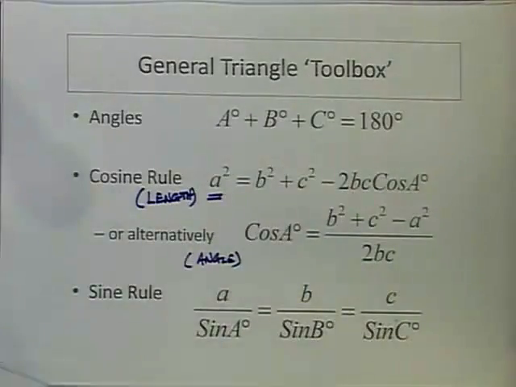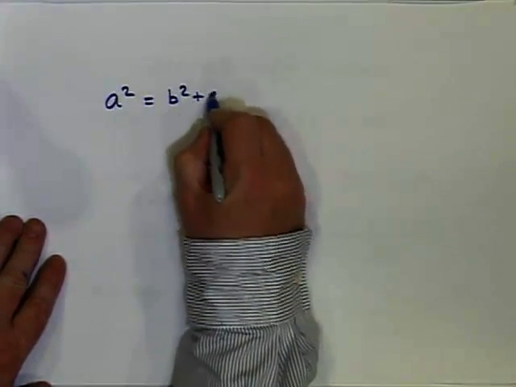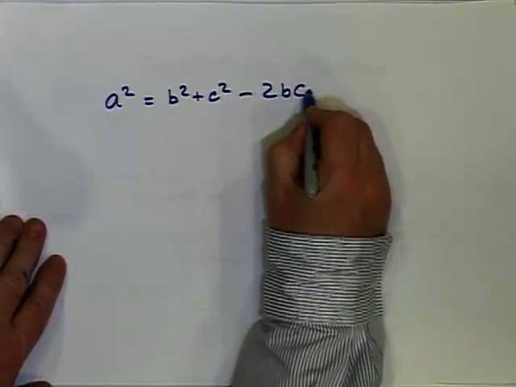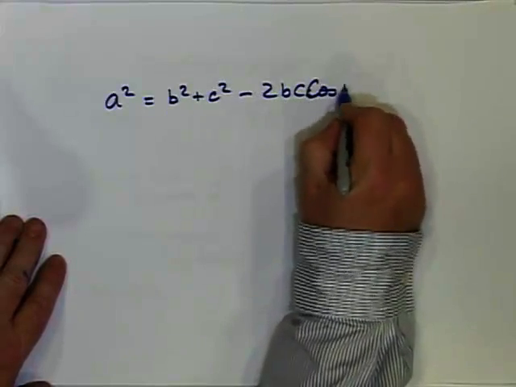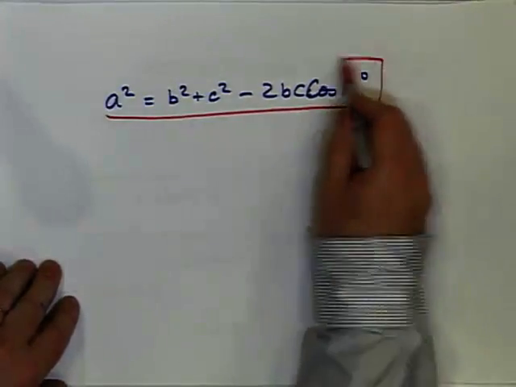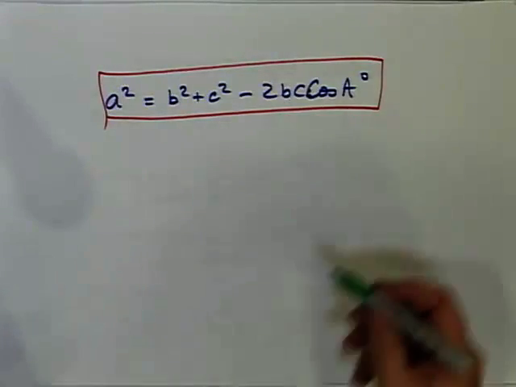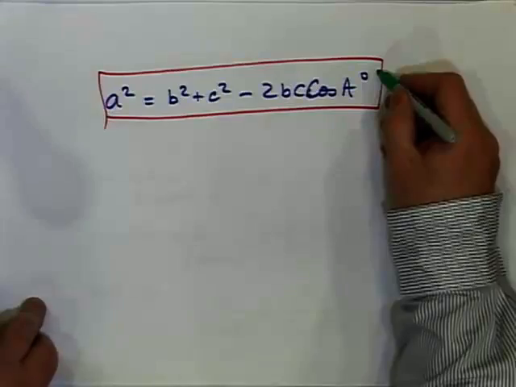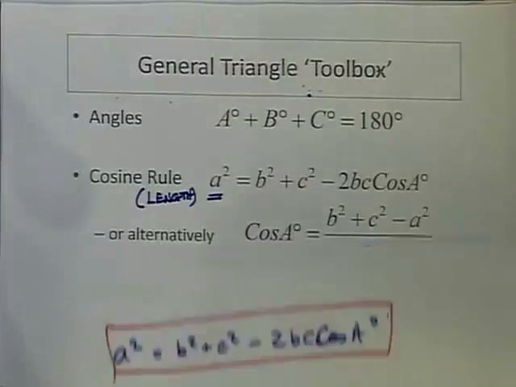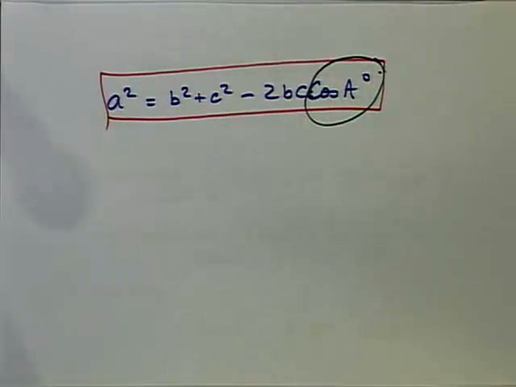If we were just to take a moment on this, we would say that the cosine rule says that a squared is equal to b squared plus c squared minus 2bc cosine A. But if somebody said, I would like my focus to be on something different, I would like it to be on this thing, the angle bit, the cosine A. How would I do that?